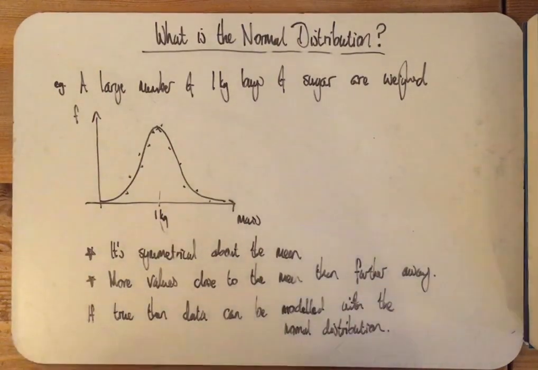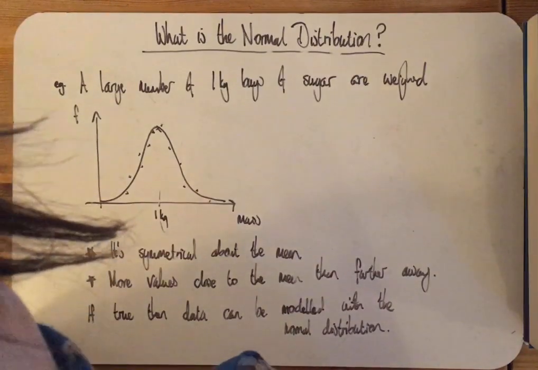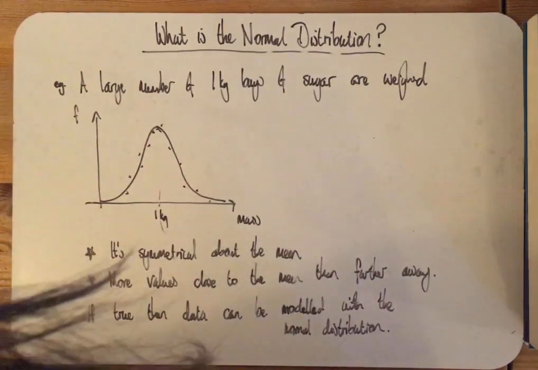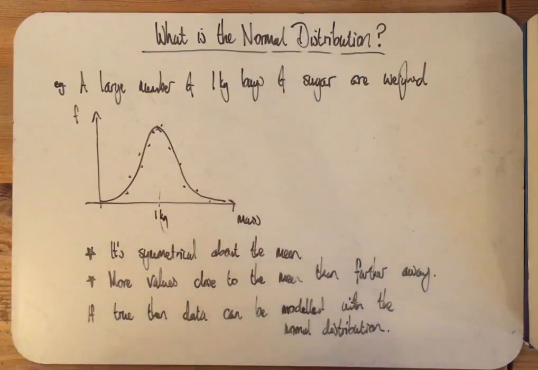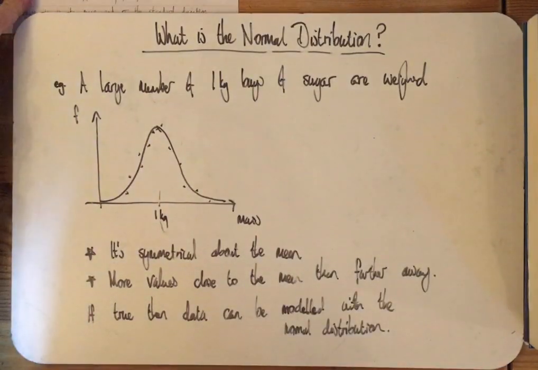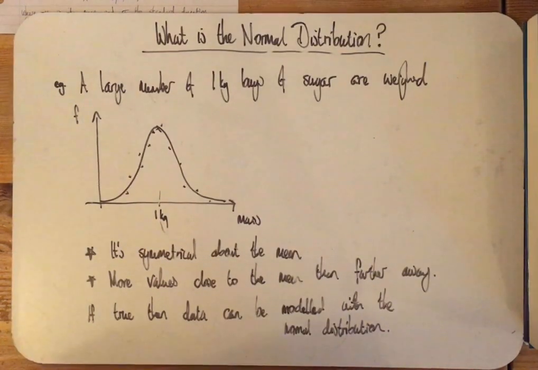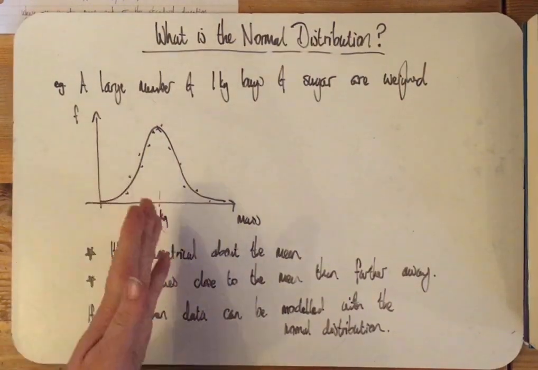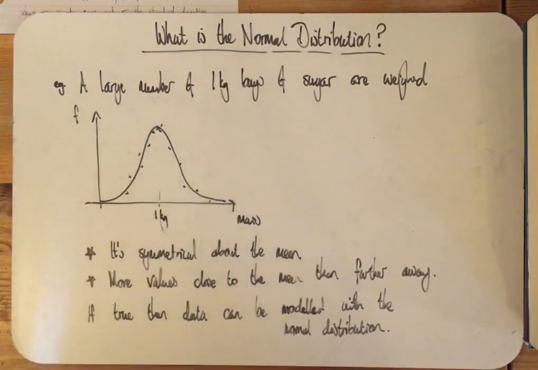Just for interest's sake, the normal distribution was originally called the error law, and it arose from the work of 18th century mathematicians and astronomers who were calculating the orbits of stars and planets. They found that they had to take into account the effect of observational error. So you sort of have your errors coming both ways.